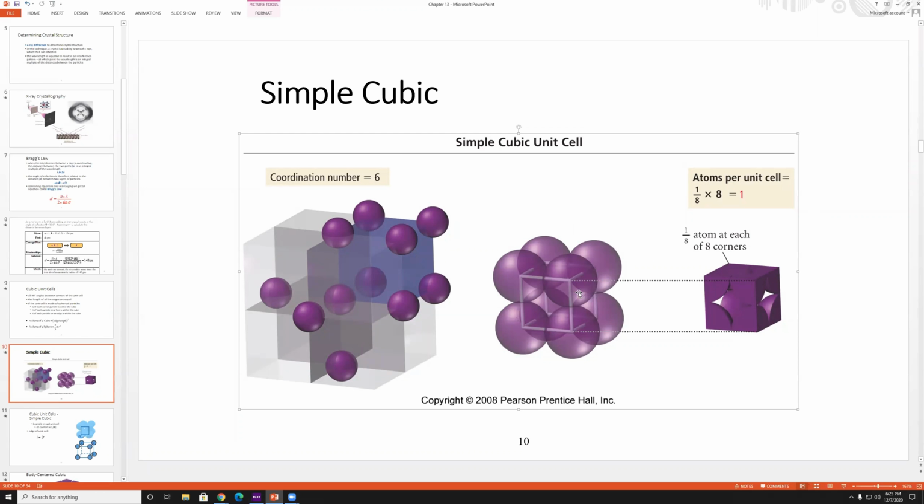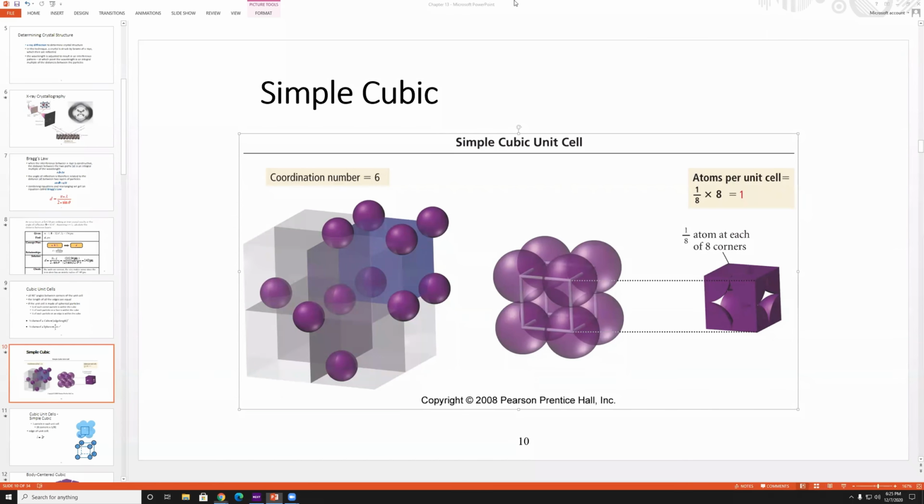Then it would be touching 6 different atoms. So right now it's touching 1, 2, 3. If you had it going on again, you'd have 4, then 5, then 1 from the top, which is 6.